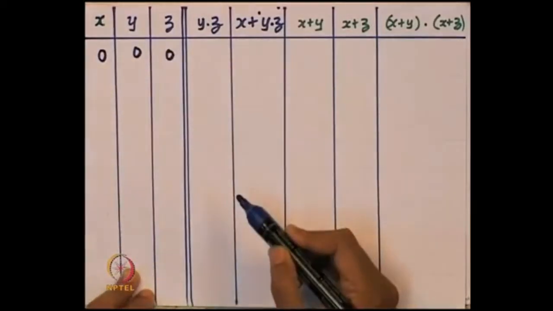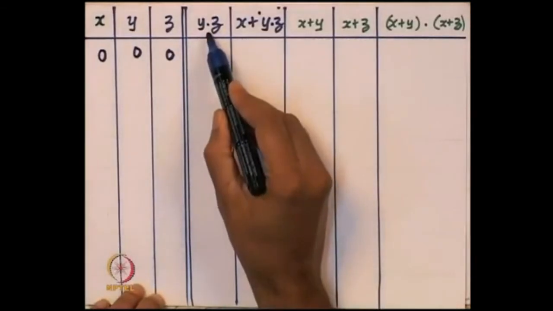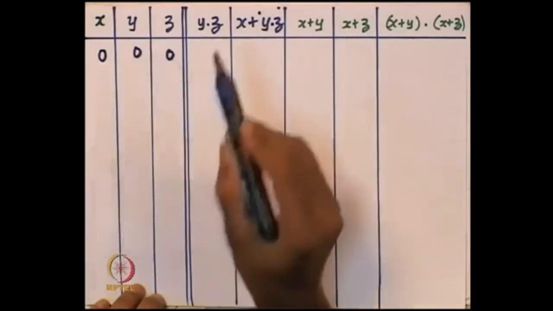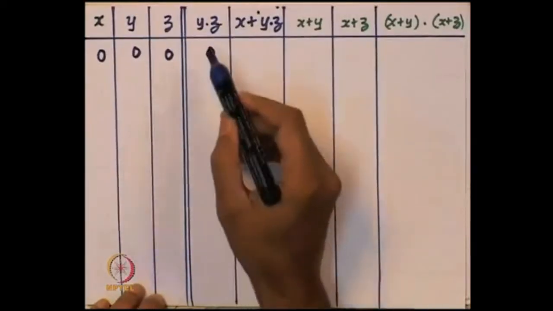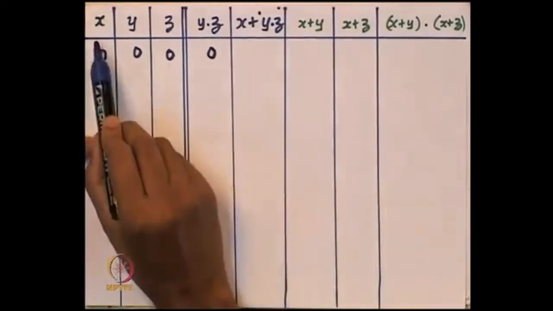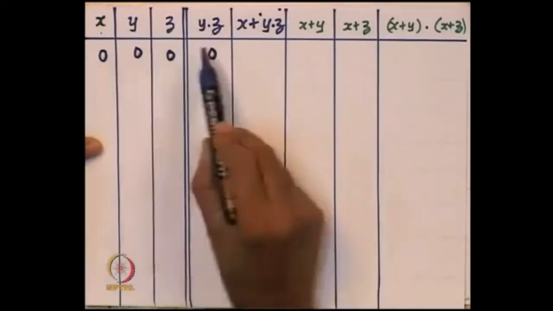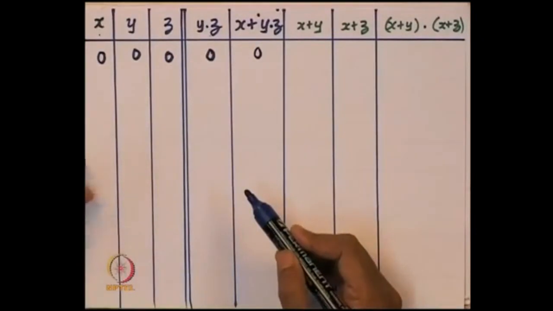So the first set of values is 0, 0, 0. Now I am going to evaluate what y and z is. What is y and z? It is 0 and 0. We know that 0 and 0 is 0, and x or y and z is taking the logical OR of this column with this column. So 0 or 0, so that is a 0. So this is the way you can fill up a truth table.